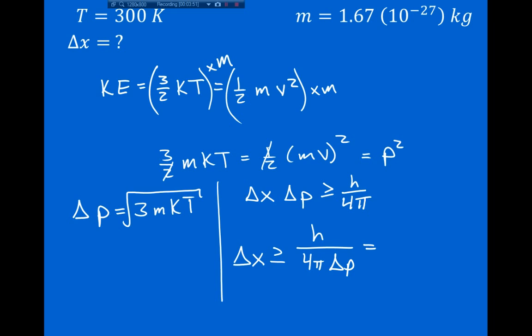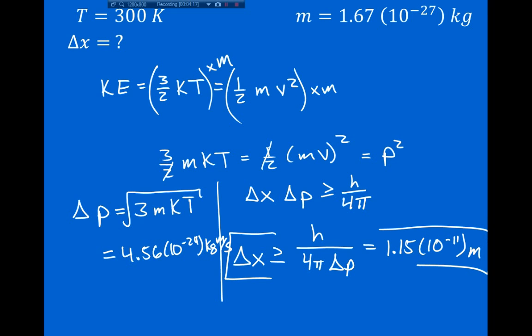And the uncertainty in my momentum, if I plug these numbers into a calculator, is equal to 4.56 times 10 to the minus 24 kilogram meters per second. And if I plug that into this equation, I'll see that the uncertainty in the position of the atom is equal to 1.15 times 10 to the minus 11 meters.